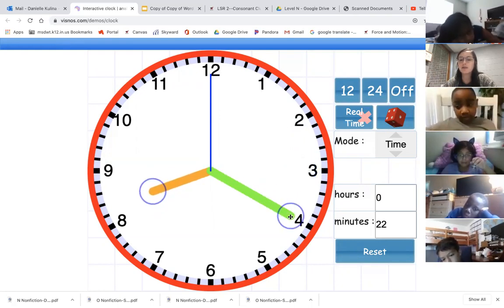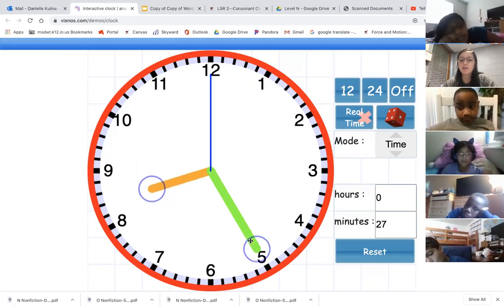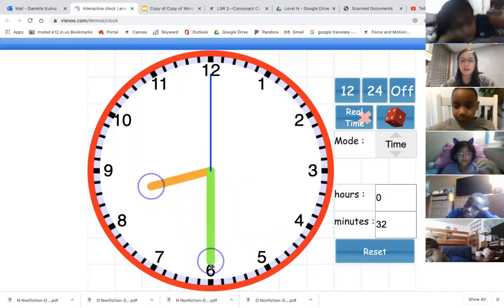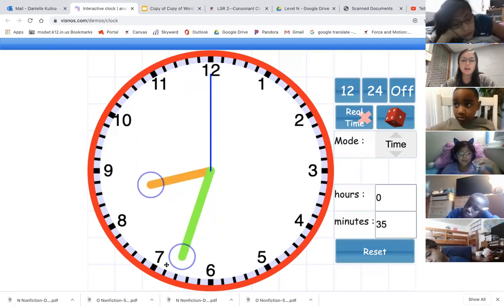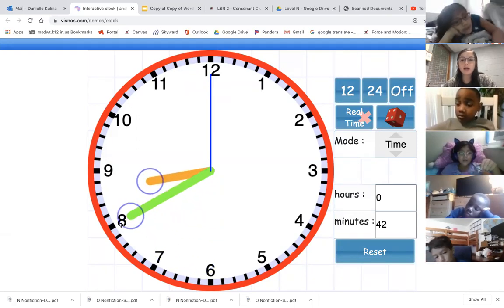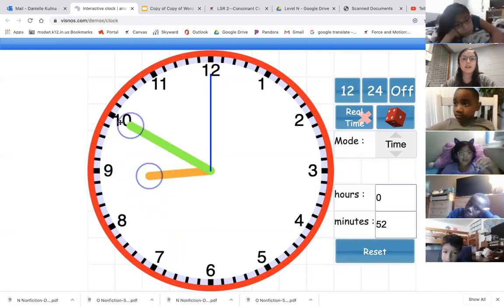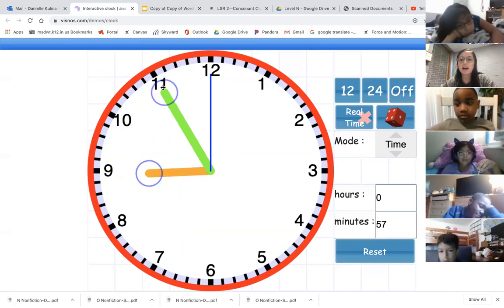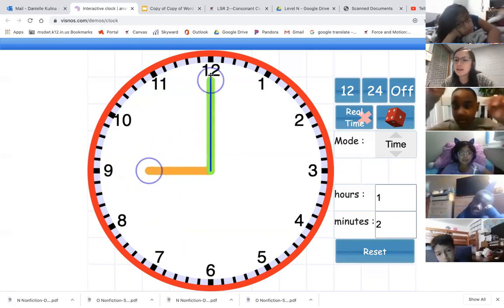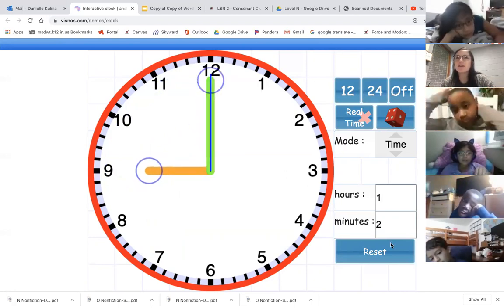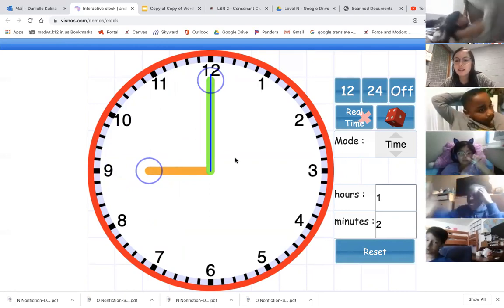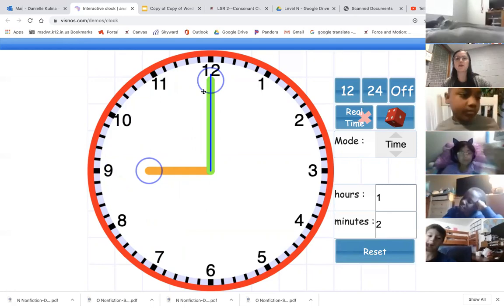I don't see mouths moving. 25, 30, 35, 40, 45, 50, 55, and this is 60 technically, but we would never say that it's 1:60 because that doesn't exist. That means that it's 2 o'clock or 1 o'clock, okay?